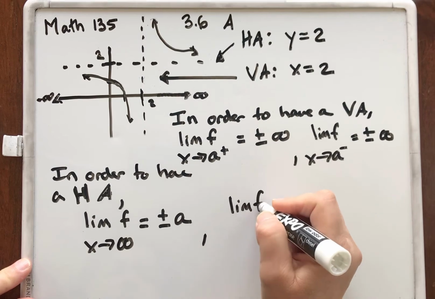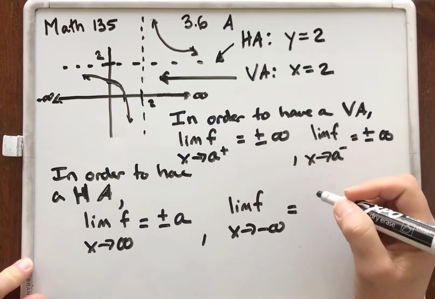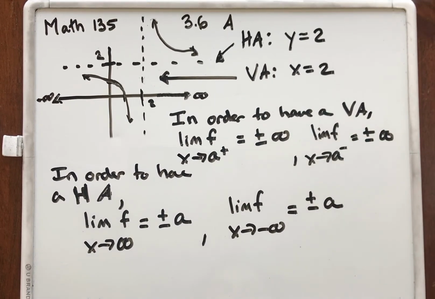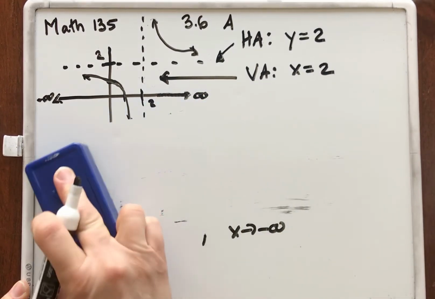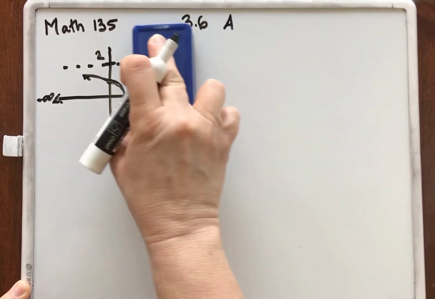Similarly, the limit of f of x as x approaches negative infinity must also equal plus or minus a. Okay, so we're going to utilize that today. I like to go straight into what we've learned previously about vertical asymptotes algebraically.